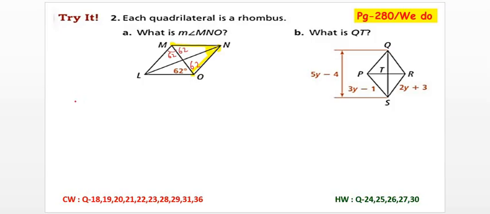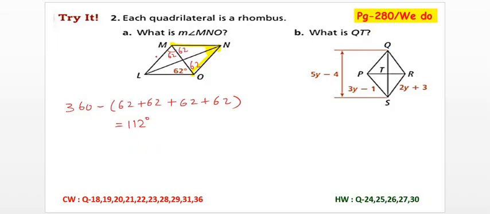So to find angle MNO, first let's find 360 minus 62 minus 62, and minus 62. Let's see what we will get. Wait, so it is giving us 112. This is not the final answer, actually, it's 112 degrees.